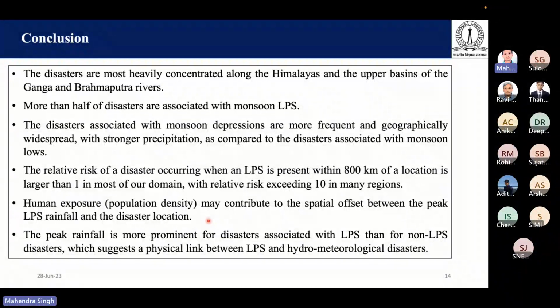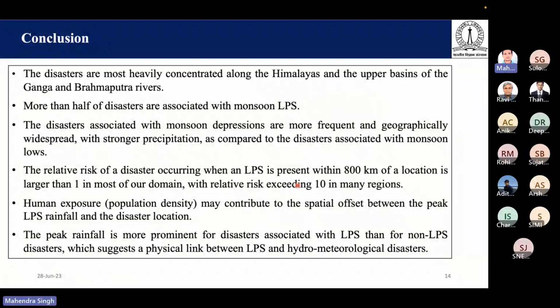And the relative risk of a disaster occurring when the LPS is present within 800 kilometers of a location is larger than one in most of the domain, with relative risk exceeding around 10 in some regions. And mostly human exposure may contribute to the spatial offset between the peak of rainfall and the disaster location.